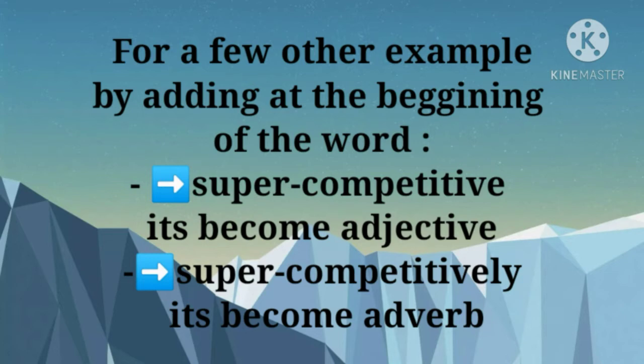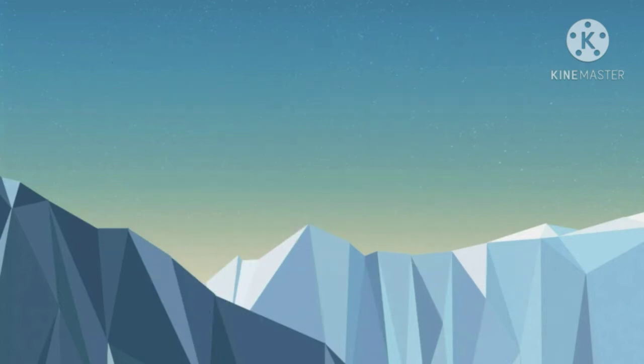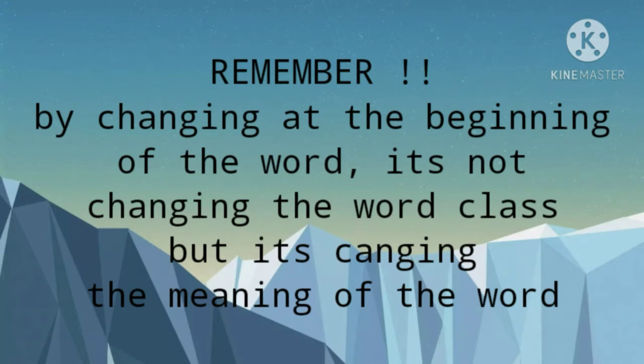And for the next example, if I add super before the word competitively, the word class is still adverb derivation, but the meaning is changed. It becomes super competitively. We must remember, if changing at the beginning of the word, it's not changing the word class, but it is changing the meaning of the word.